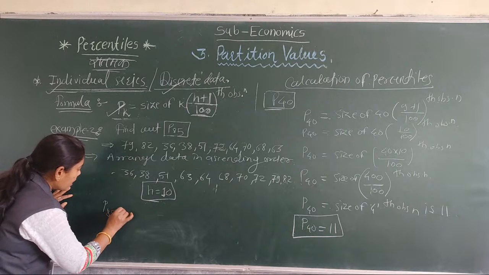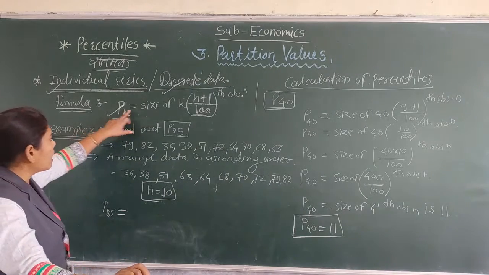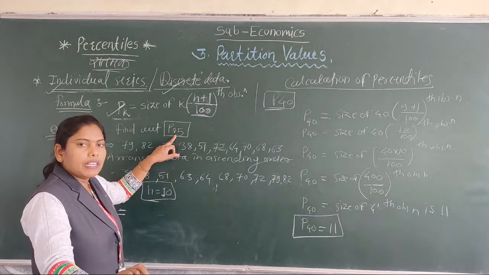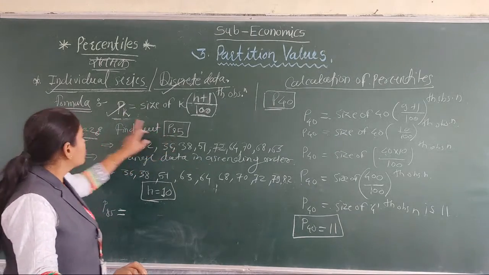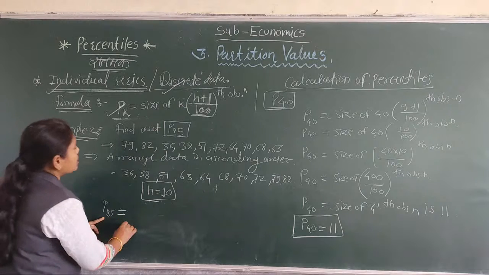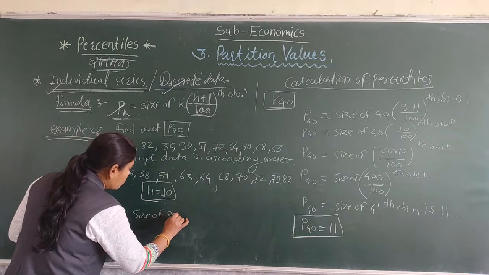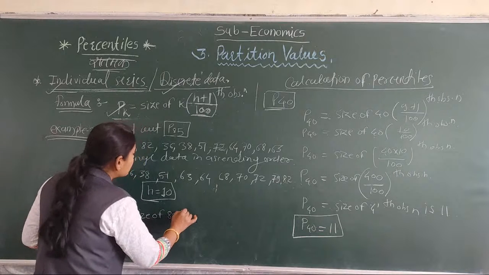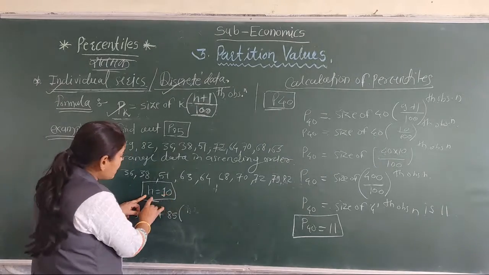P85 is equal to... P85 means replace the K denominator by 85. P85 is equal to size of 85 into bracket, and the number of total observations is equal to 10.